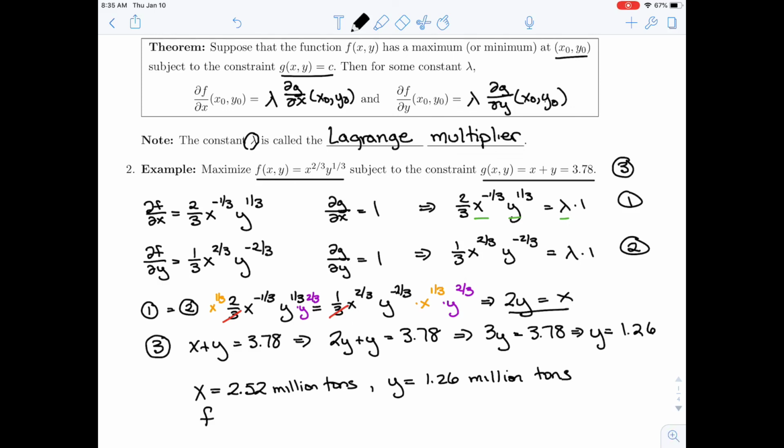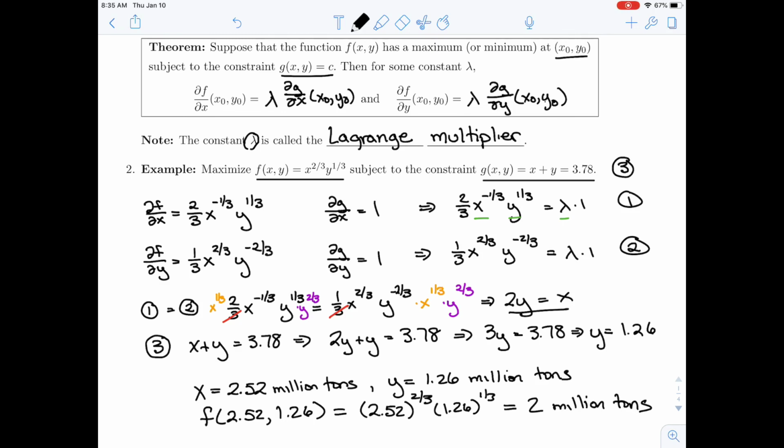And that tells me that f of 2.52 million tons and 1.26 million tons, I'm going to substitute that into this equation, 2.52 to the 2/3, 1.26 to the 1/3, and that's going to give me a total of 2 million tons. And that mostly matches the answer that we had gotten when we looked at the graph.